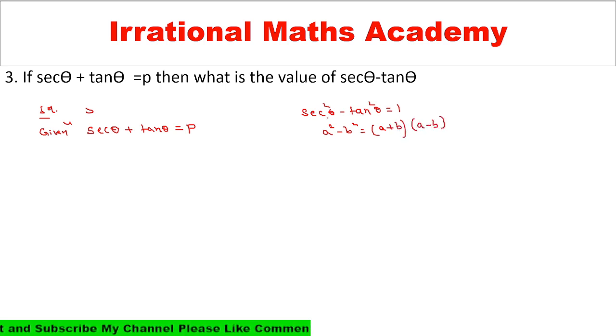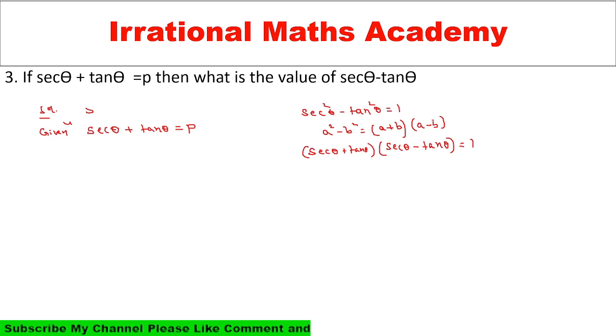So secant square theta minus tan square theta, I can write it as secant theta plus tan theta into secant theta minus tan theta equal to 1.